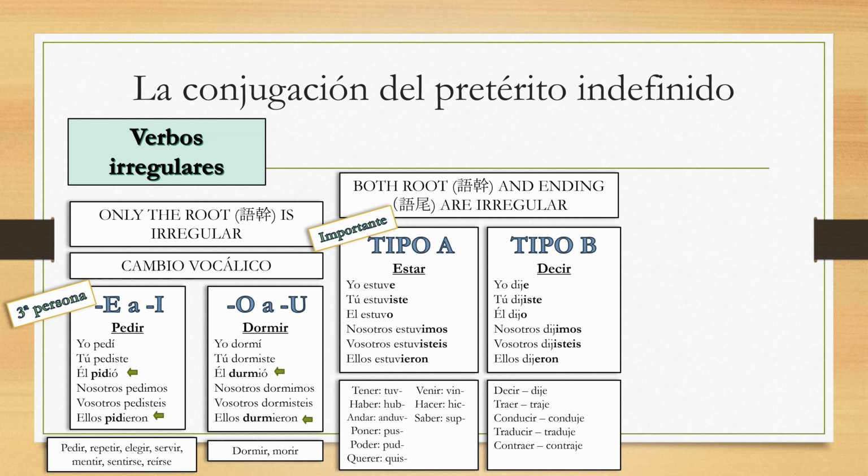The characteristic that is maybe the most eye-catching is that we are including a J in the root when there was no J in the root for the original verb, for the infinitive.